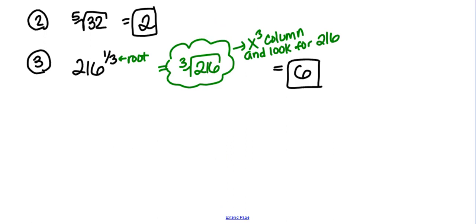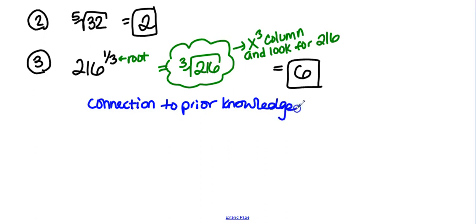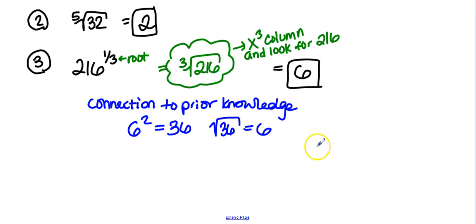So to make a connection to prior knowledge, we're all comfortable with the fact that 6 squared is 36. So that means that the square root of 36 equals 6. But we're going to start looking at more than just perfect squares and square roots.